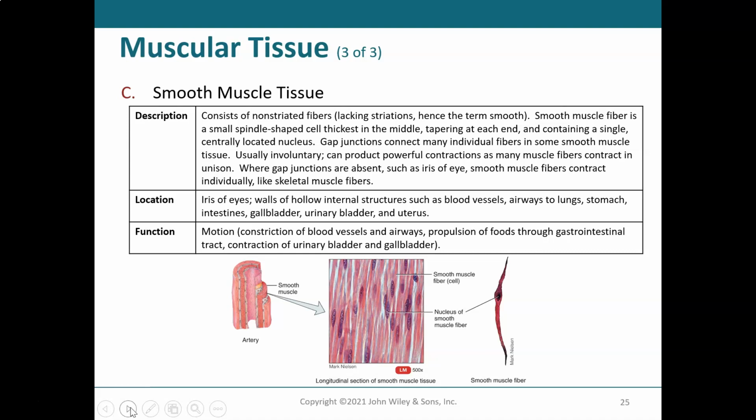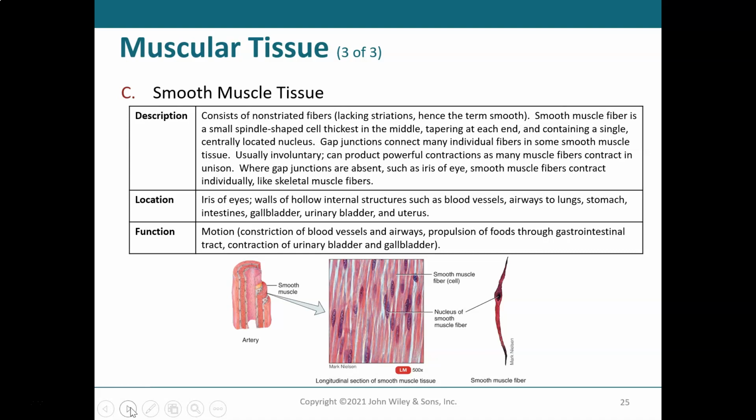It is largely involuntary in nature, and it can produce very strong contractions in a unified manner. Of note here, where gap junctions are absent, such as the iris of the eye, smooth muscle fibers contract individually, like skeletal muscle fibers. So it becomes somewhat specialized in those areas.